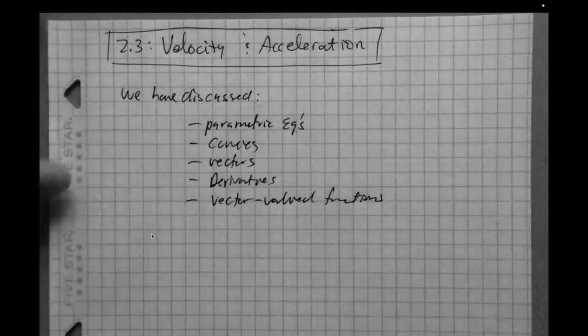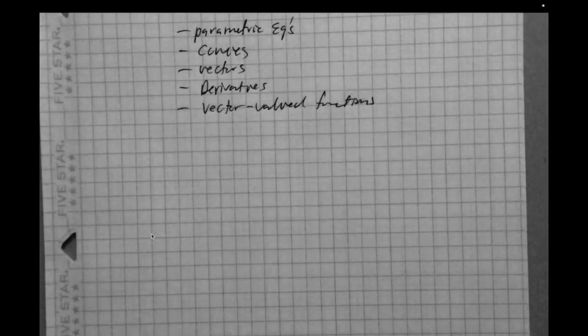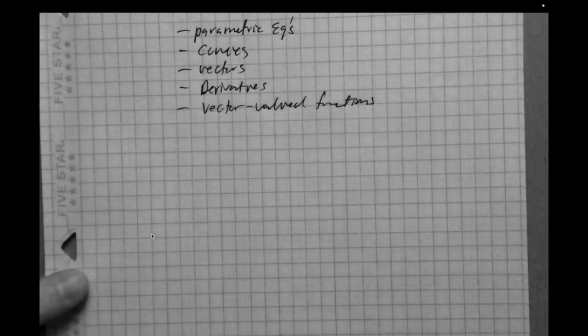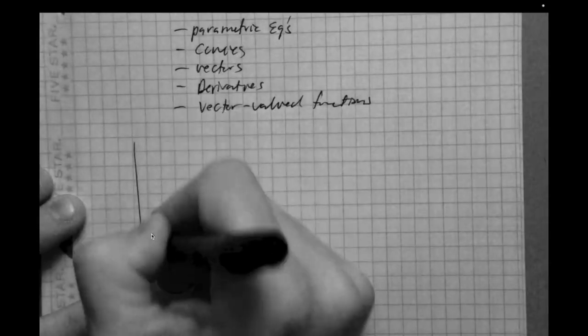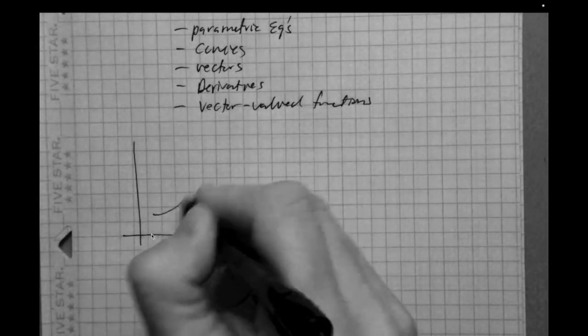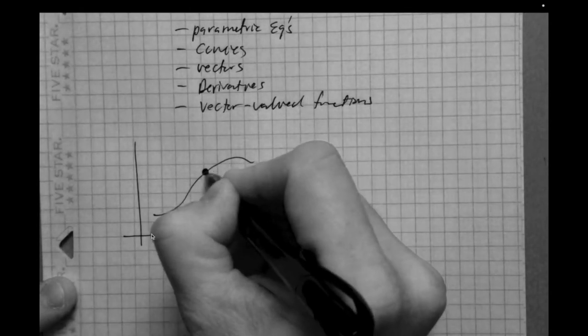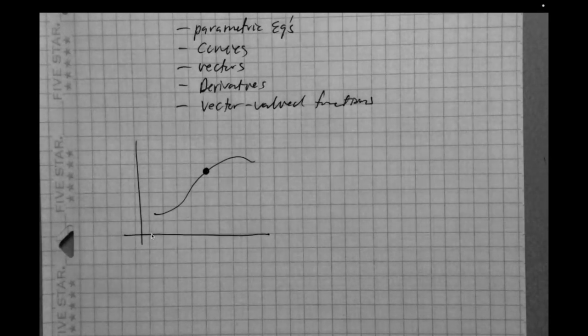So let's get a little bit of background here. What are we talking about? As an object moves along a curve in the plane, the x-coordinate and the y-coordinate of its center of mass can be considered functions of time.